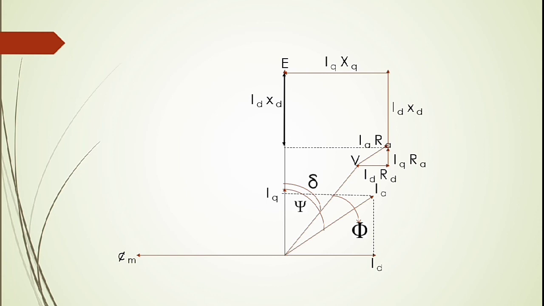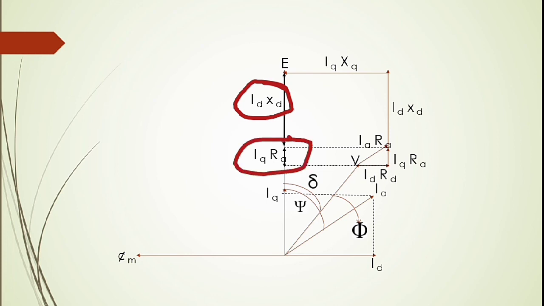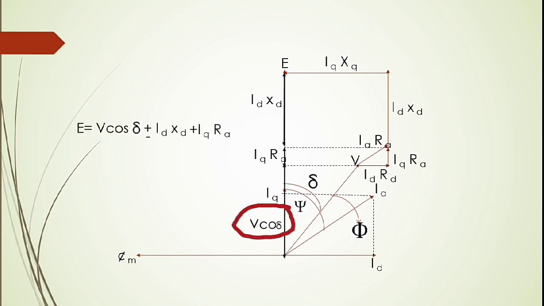We will get emf by adding IdXd, IqRa, and the third one is V cos del.